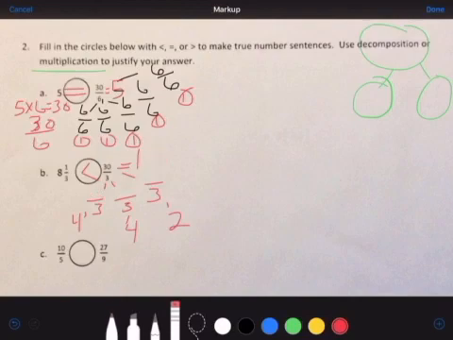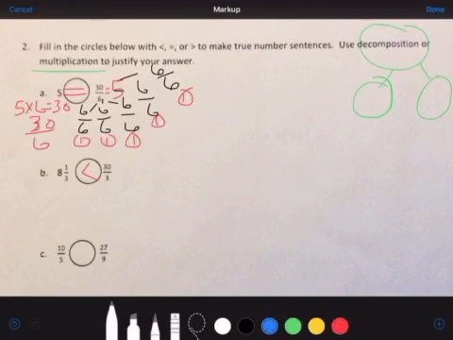Another way you could do that problem is to change the 8 1/3 into an improper fraction, or a fraction greater than 1. How we do that is we would go 8 times 1/3 plus our leftover 1/3. That is not how we would do it. I'm crazy.